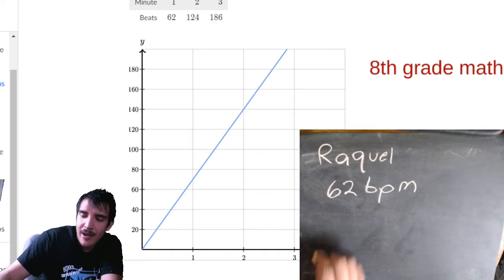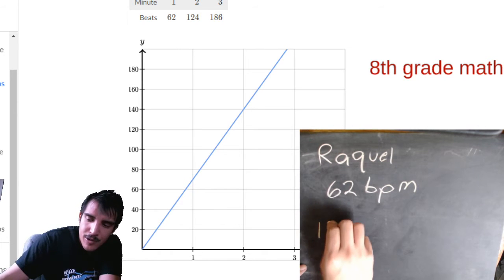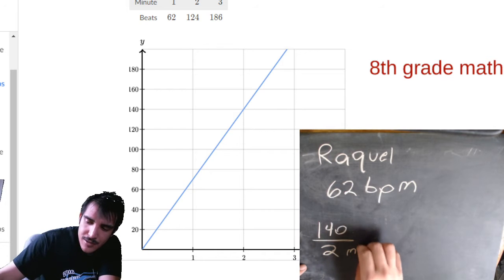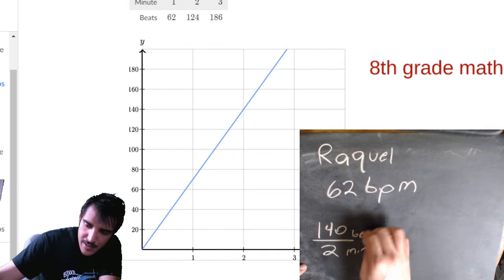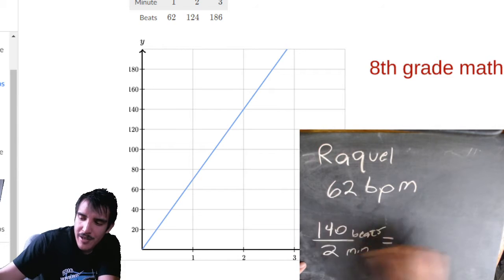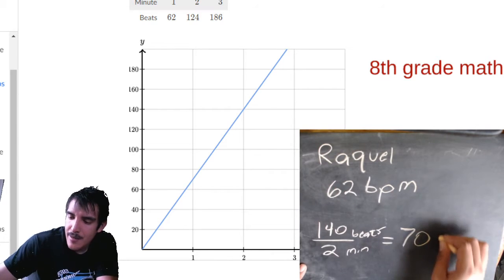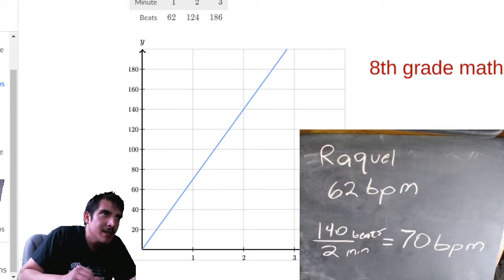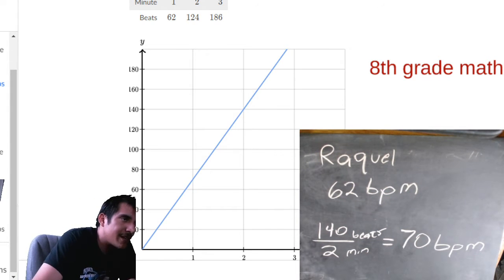So on the graph, we have 140 beats per 2 minutes. What does that equal? Well, 140 divided by 2 is 70 beats per 1 minute. So 70 BPM.